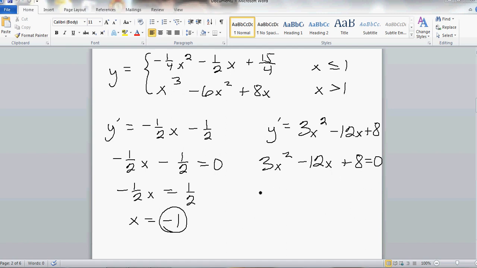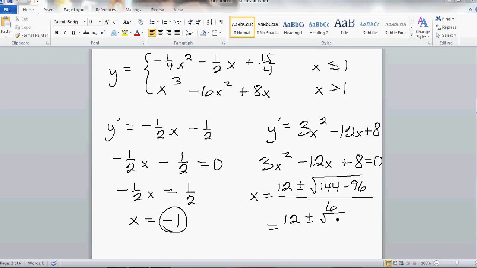And so when we do that, we get x equals 12 plus or minus the square root of b squared, which is 144, minus 4ac, that would be 96, all over 2a, which is 6. And so this equals 12 plus or minus the square root of 48 all over 6.